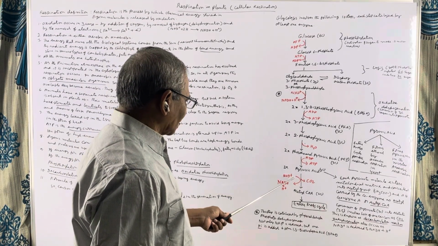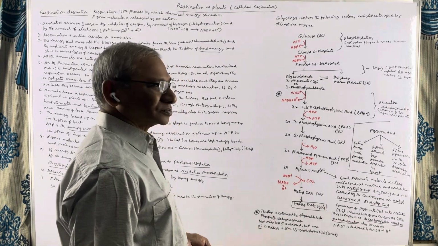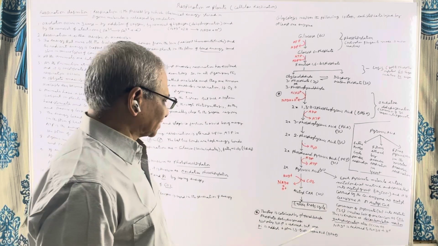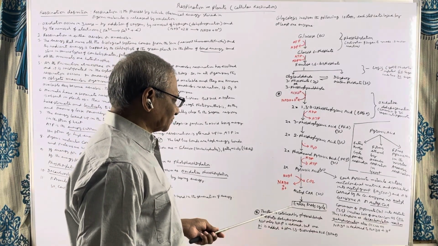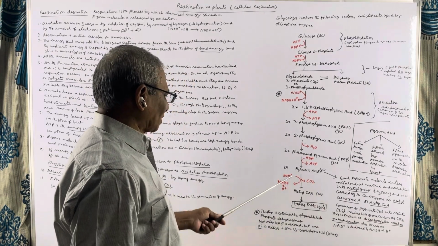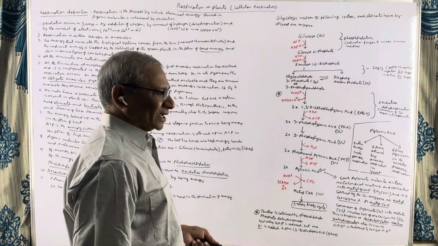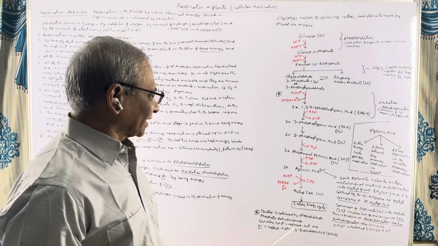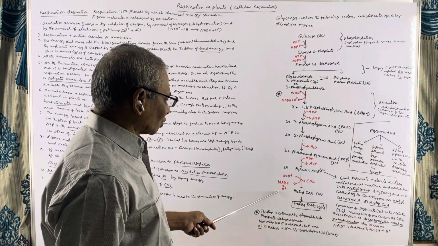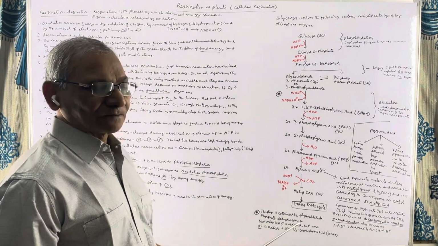Then 2 hydrogen ions are also removed, and they are accepted by hydrogen carriers NAD. In this way, dehydrogenation also takes place. So when pyruvic acid is converted to acetyl CoA in the mitochondrial matrix, decarboxylation and dehydrogenation take place.